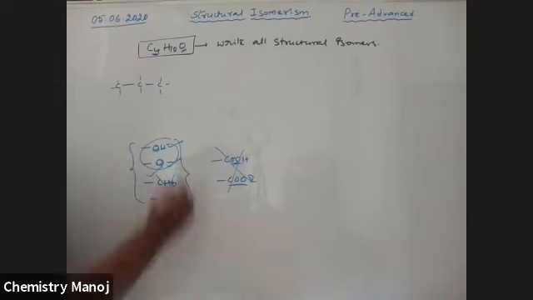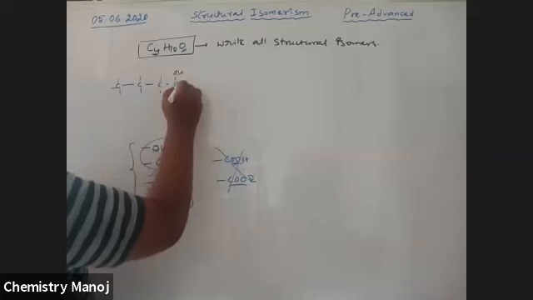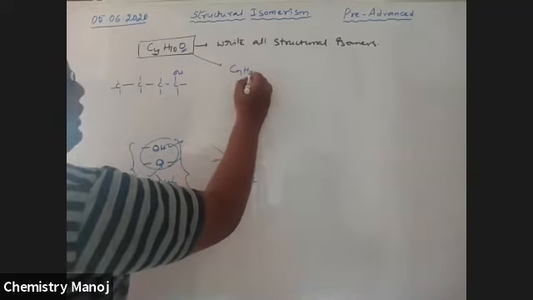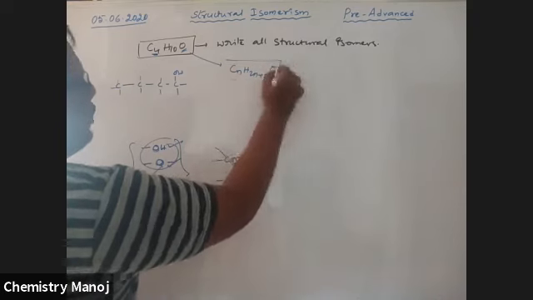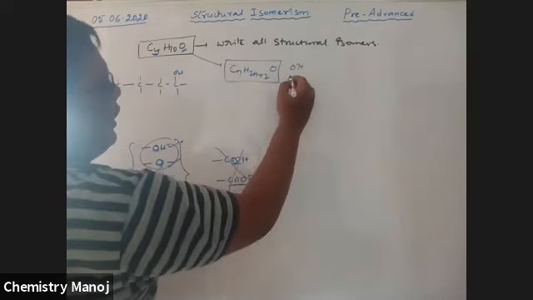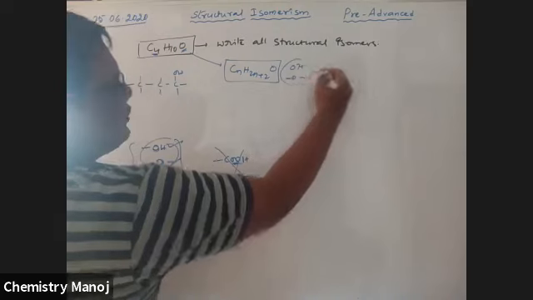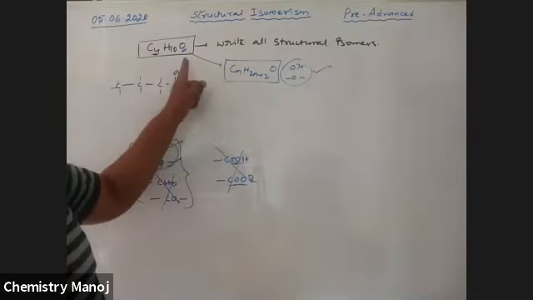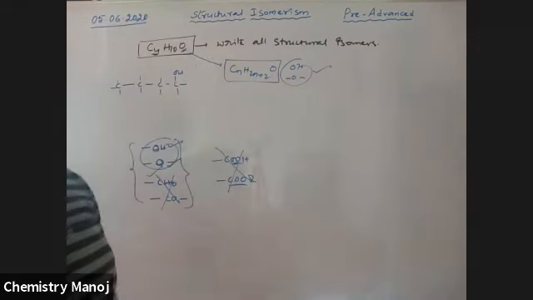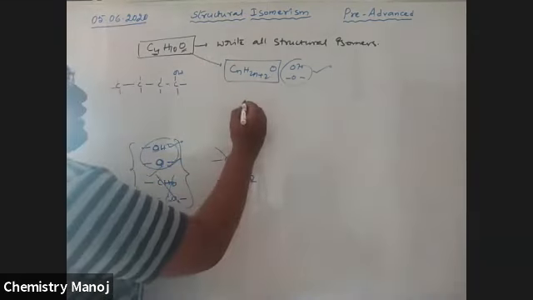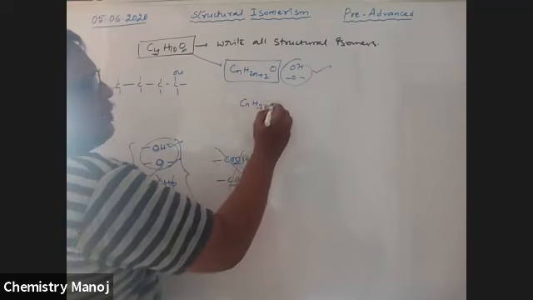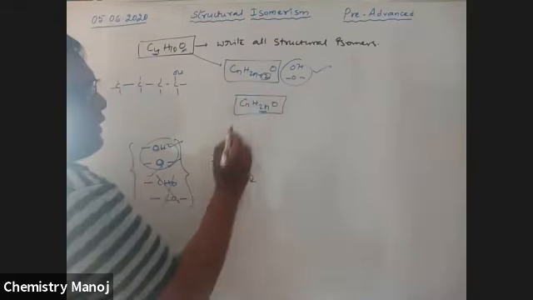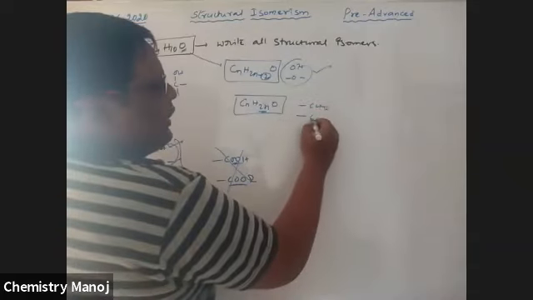So see, my dear boys, if the formula is CnH2n+2O, alcohols and ethers are the compounds. If the CnH2n+2O formula is possible, alcohols or ethers are the functional groups. And if CnH2nO exists, not plus 2, then aldehydes or ketones are possible.